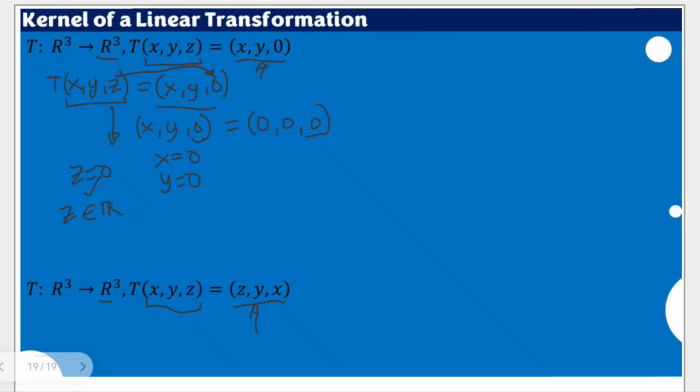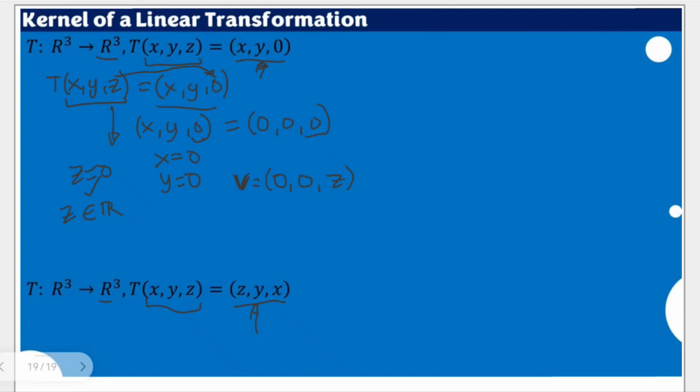Therefore, the vector that we're looking for, that will make the zero vector under this given linear transformation, is the vector with components x being 0, y being 0, and z being any real number.